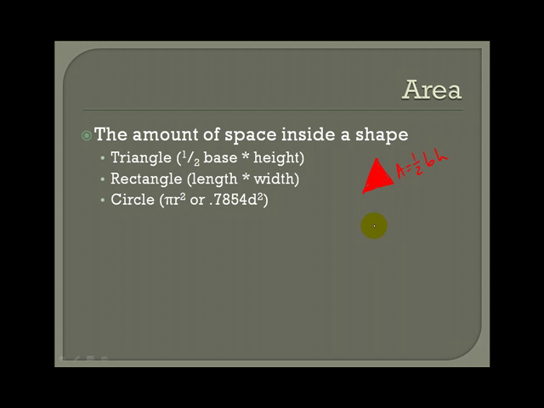In this case, let's say the base is 6 and the height is 3. So area equals 1/2 times 6 times 3. 6 times 3 is 18 divided by 2. 6 times 3 is 18? Yes.